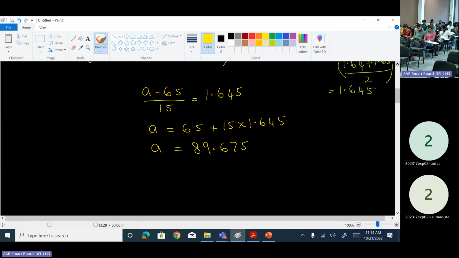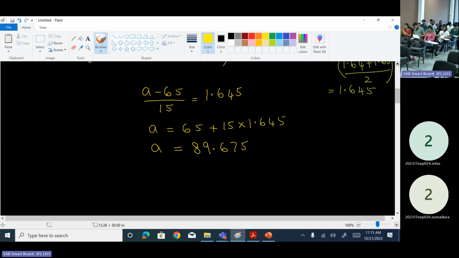They are asking what is the minimum mark for a distinction. The calculation says 89.675, which means you need a bit more than 89 marks. Either it will be 89 marks or you will be given 90 marks. 89 is not enough, 90 is okay. So the minimum mark for an A grade is 90.